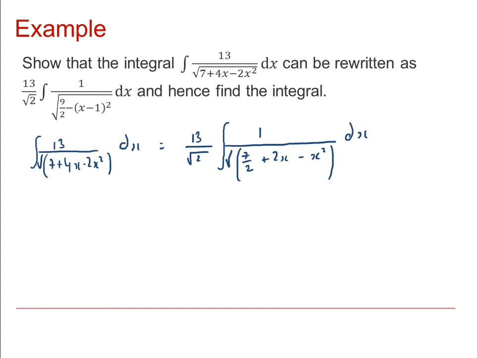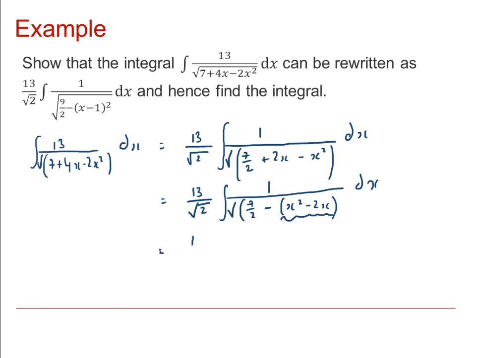Now this is something that we can complete the square on. Probably the easiest thing to first of all do is to write that denominator as 13 over root 2, and then we've got 1 over the square root of 7 over 2, then I'm going to write it as minus of x squared minus 2x dx, and then I can complete the square on this part here.